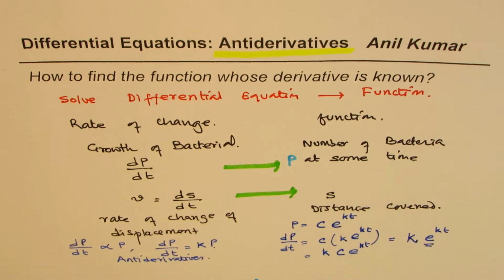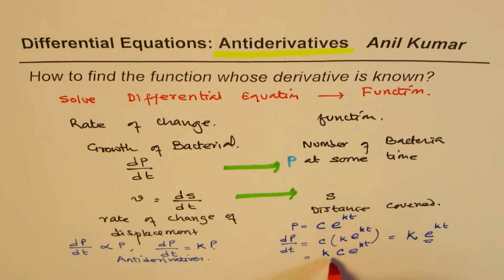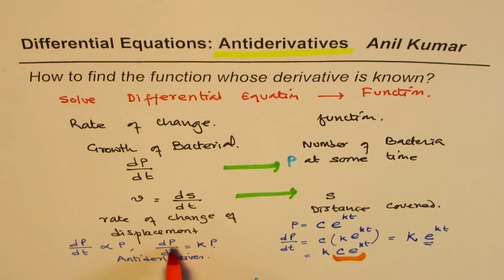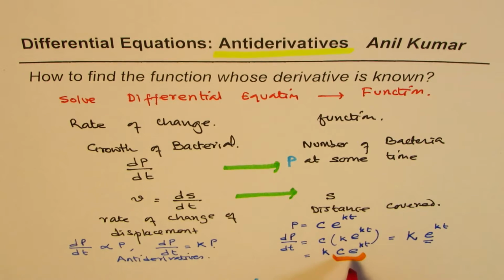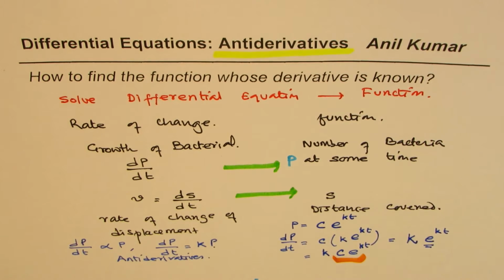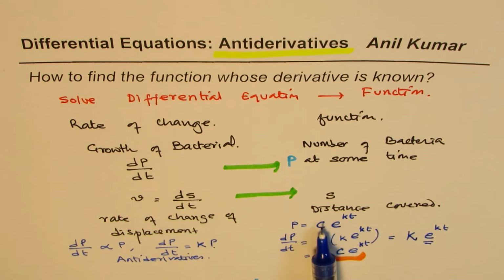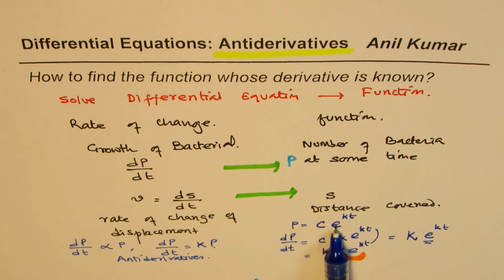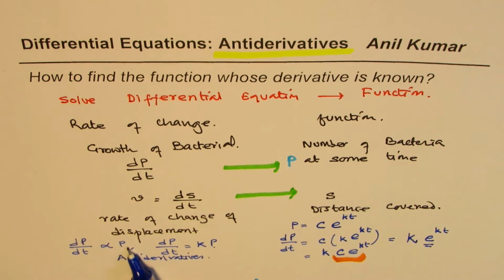So what we see here is that knowing the rate of change, we can find the equation of the original function, as we've done here, right? So in this case, we can see that the derivative of this function is what we need. The antiderivative gives you what we want to know, right? So that's the concept of antiderivative.